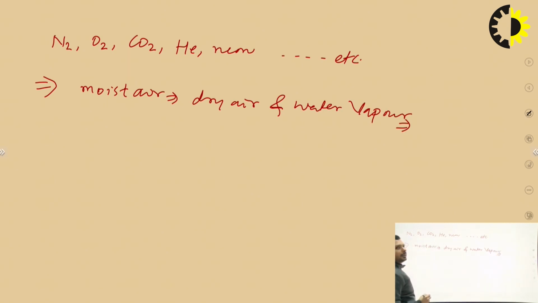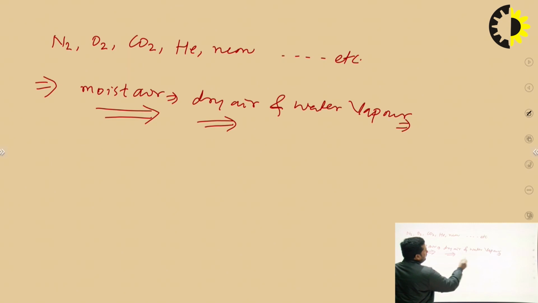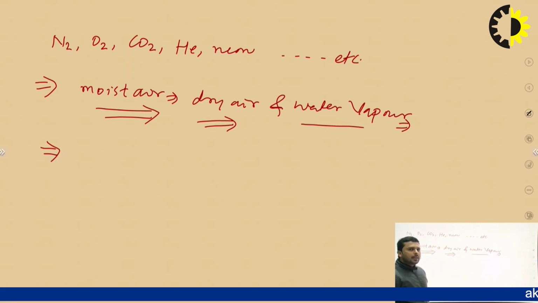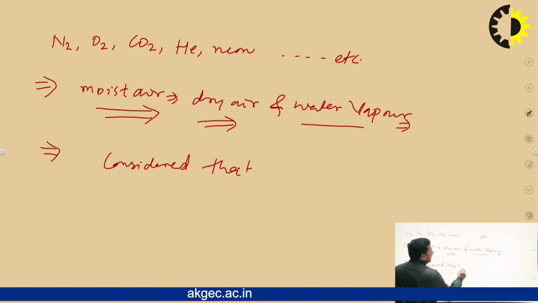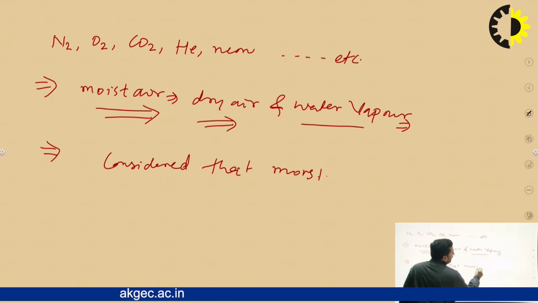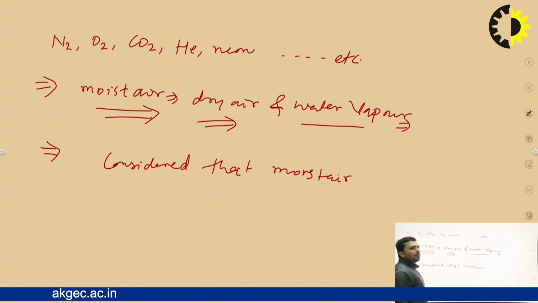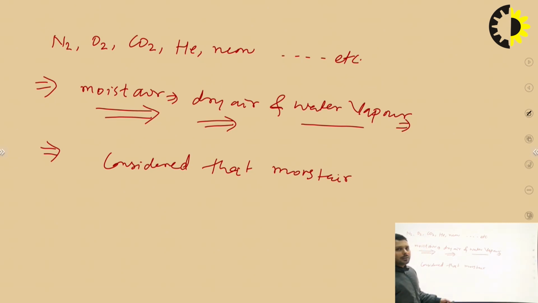In psychrometry, we deal with the study of moist air, but we consider that moist air has only dry air and water vapor. We neglect dust and other inert gases.